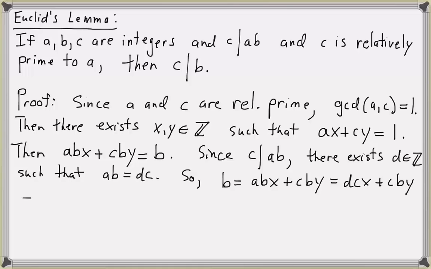But I can factor out a c from both terms. So this equals c times the quantity dx plus by. So we see that b equals c times an integer. Therefore, c divides b.